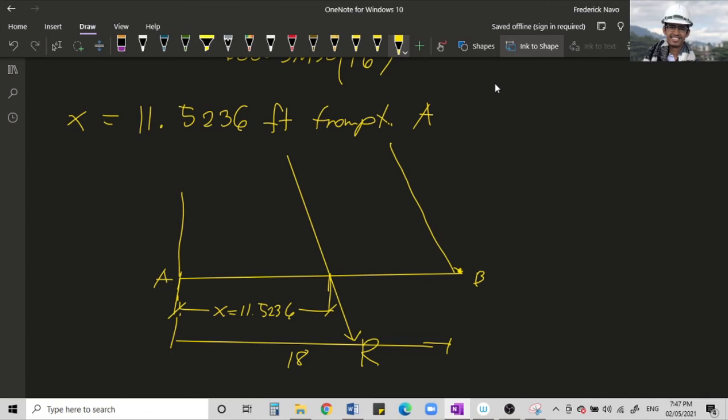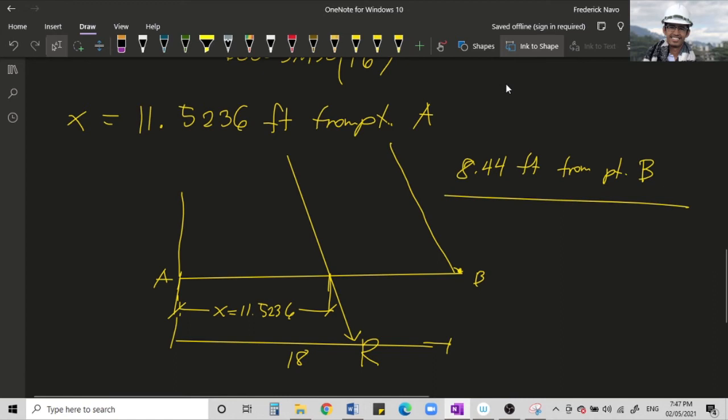So, yung distance naman from point B, so that will be 18 minus 11.5236. So, that will give us 8.44 feet from point B. Okay? So, any of the two will give us the correct answer. Tama?